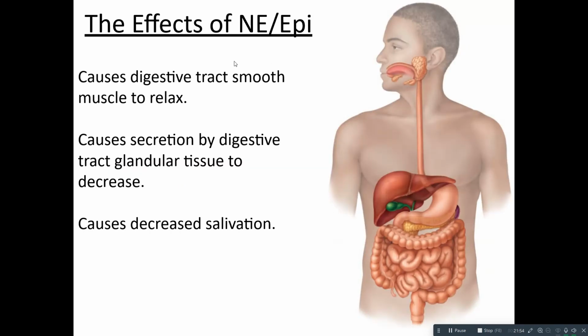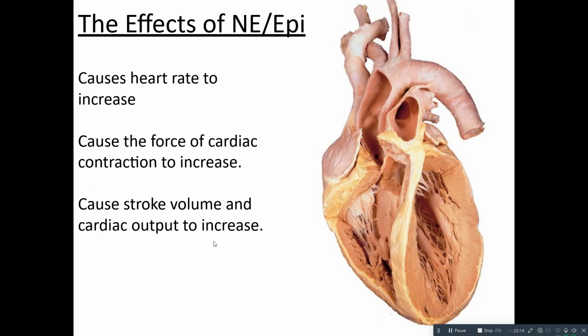Now, overall, norepinephrine, which is our sympathetic neurotransmitter, as well as epinephrine, which is our sympathetic hormone, are going to cause digestive smooth muscle to relax. They're going to decrease digestive gland secretion and decrease salivation. In terms of the heart, they increase heart rate.